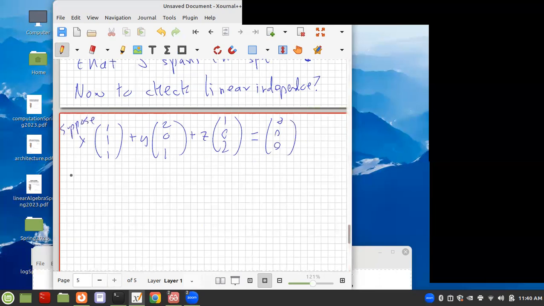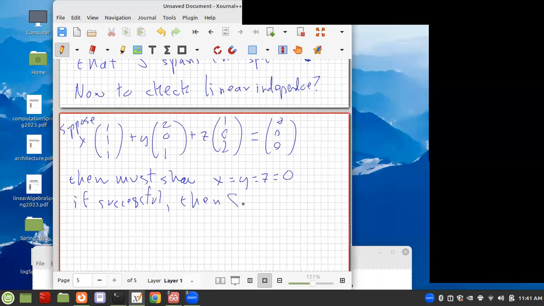We must show that if this is true, then x equals y equals z equals 0. If successful, then S is linearly independent and S is a basis. Okay?